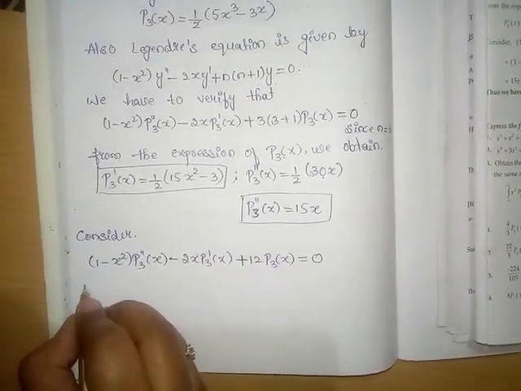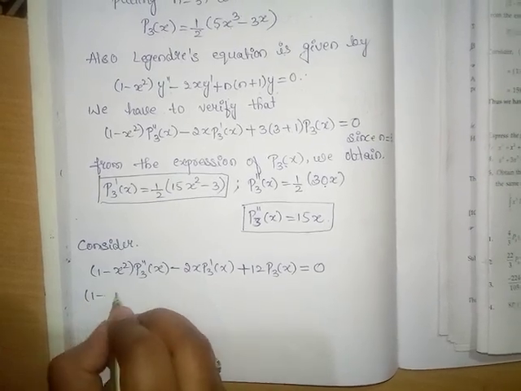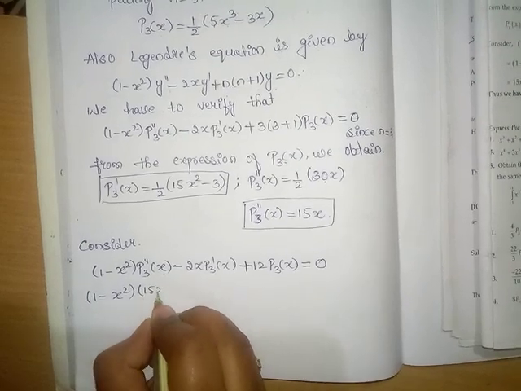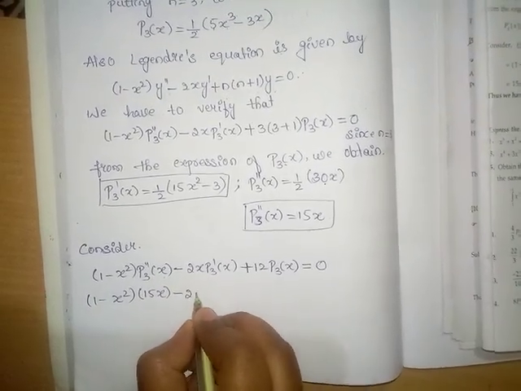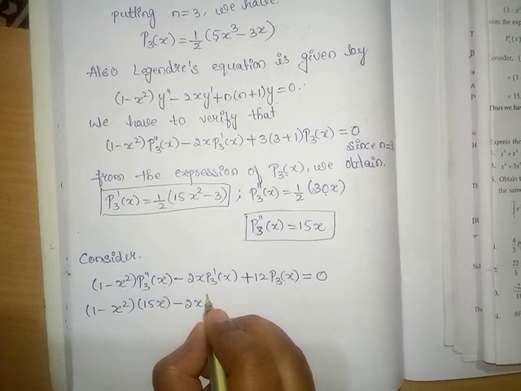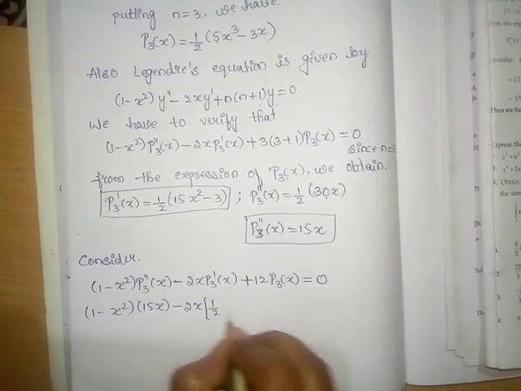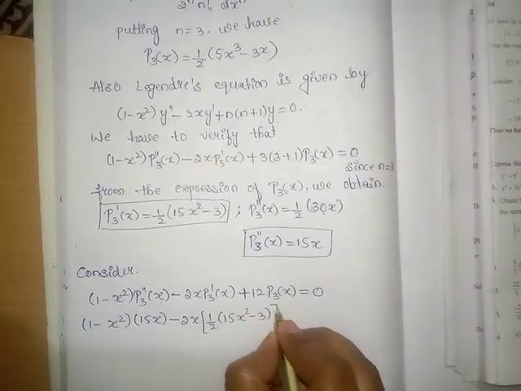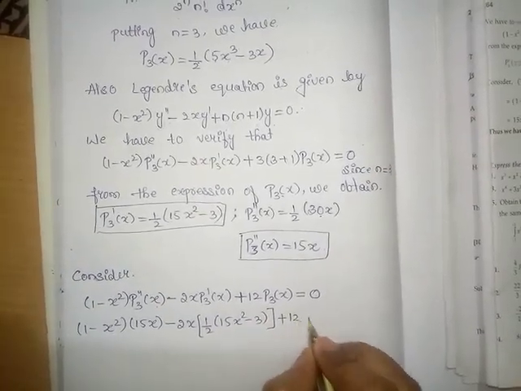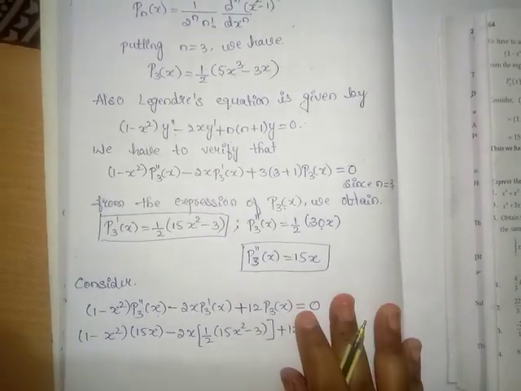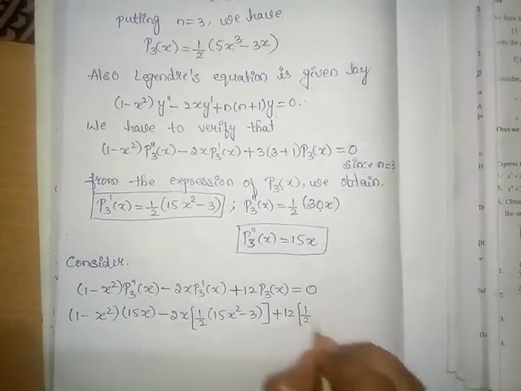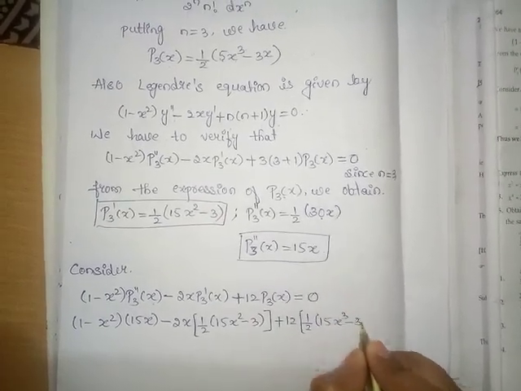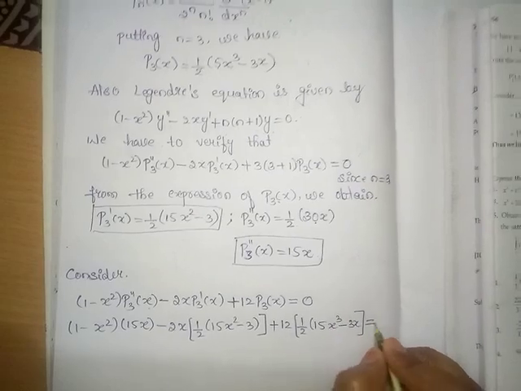Then 1 minus x square as it is, P3 double dash of x is 15x, minus 2x as it is, P3 dash of x is 1 by 2 into 15x square minus 3, plus 12 into P3 of x, which is half into 5x cube minus 3x, is equal to 0.